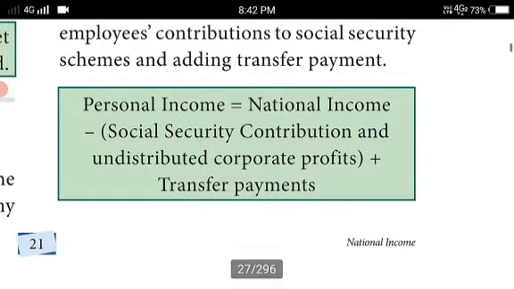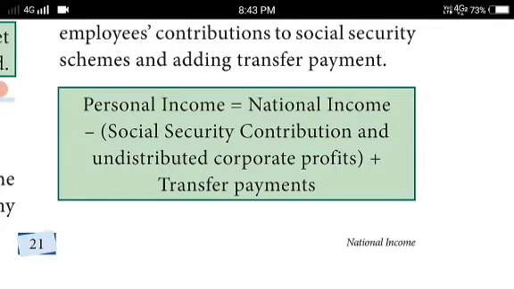So personal income equals national income minus social security contribution and undistributed corporate profit plus transfer payment. What are the social security contributions? Suppose the government spends an amount on the defense forces; that should be subtracted from national income.